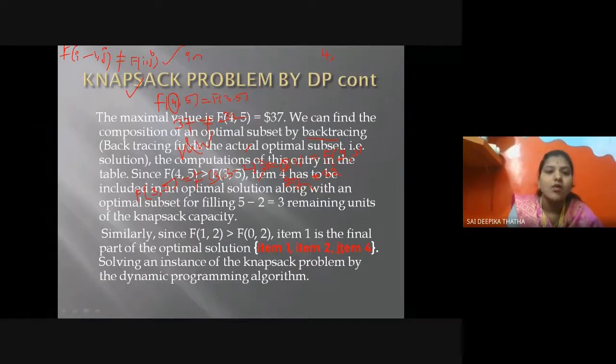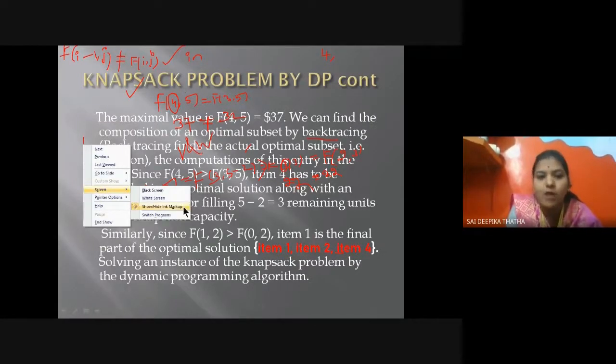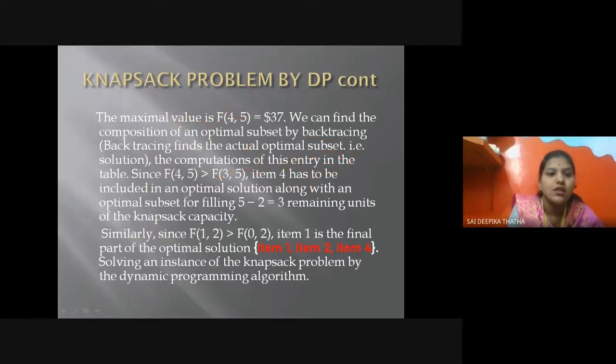Now I'm going to find this f of 2 comma 3. Since those two are equal, we are not subtracting value minus weight. So straight away we can take this as f of i comma j and use the formula f of i minus 1 comma j.